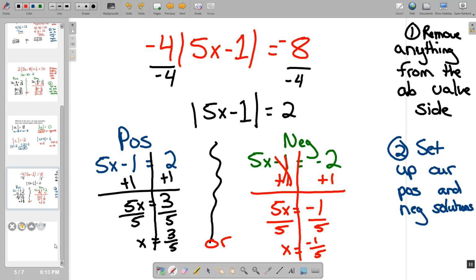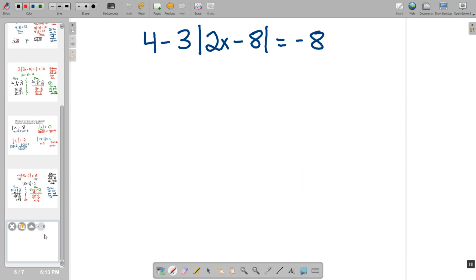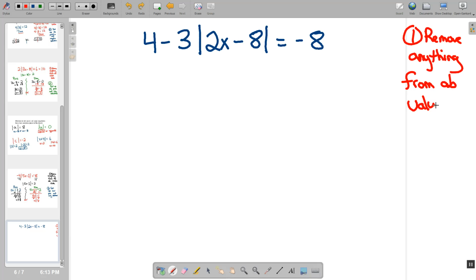Let's do one more example that is about as hard as these problems can get. So once again, step 1 is remove anything from the absolute value side that we possibly can. So our first step here is we have this positive 4 out front. So I'm going to subtract 4 from both sides of our equation.